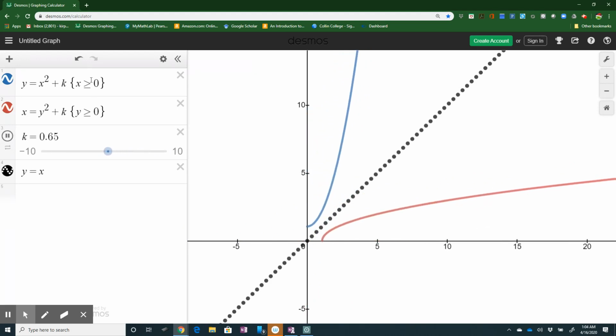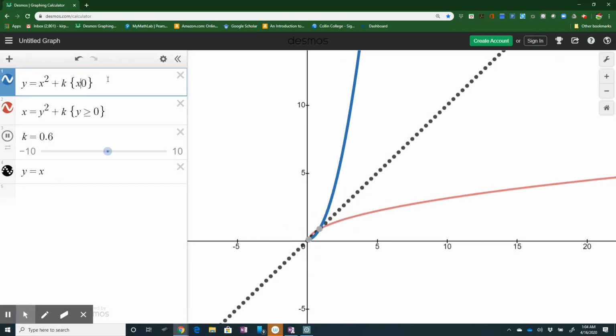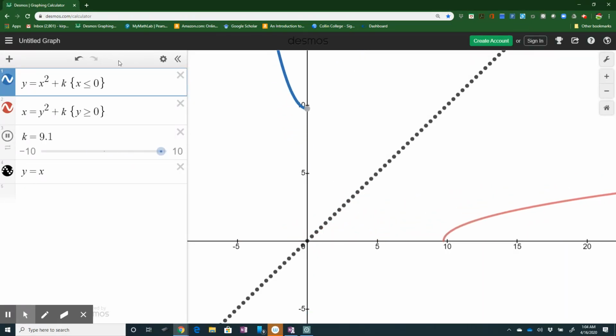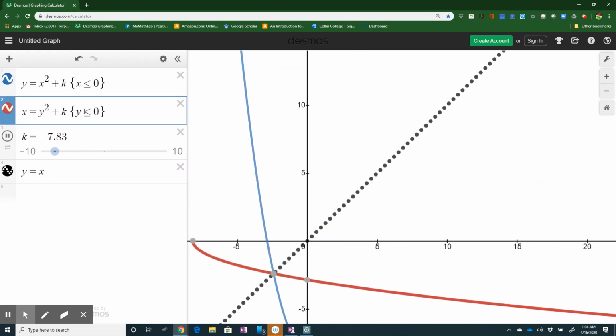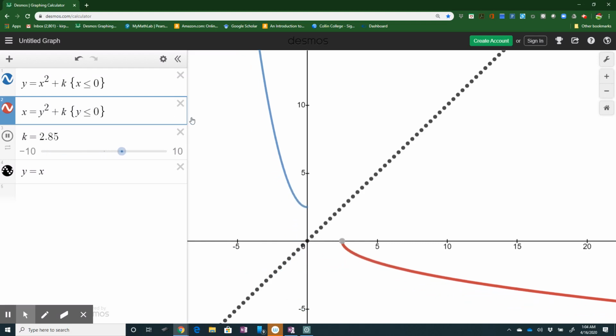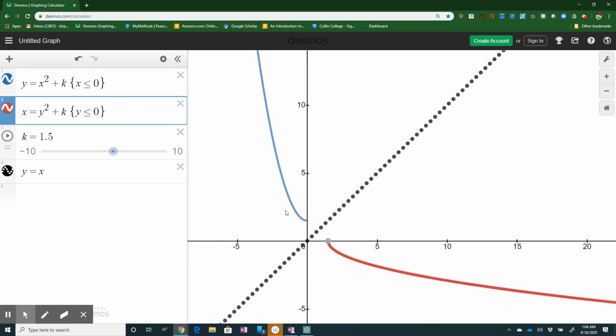Okay? And it doesn't have to be just greater than 0. They could have said less than or equal to. And then this would be less than or equal to. Yeah, good stuff. All right.